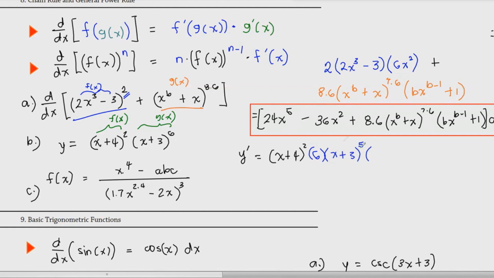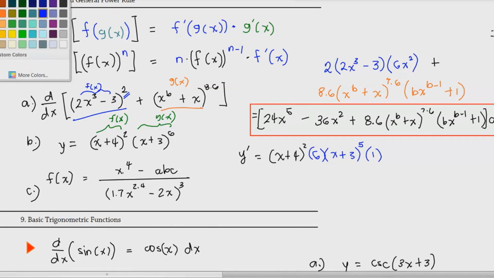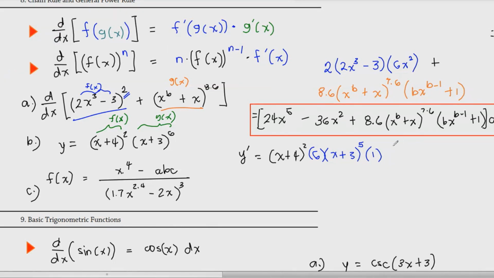The derivative of x plus 3 would simply be 1 plus 0, so that's just 1. And then based on the product rule, I'll be adding and then taking the derivative of the second, but first let me just copy the second expression, and then take the derivative of this function here.